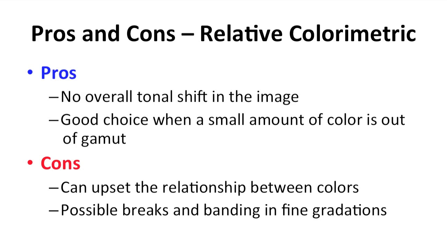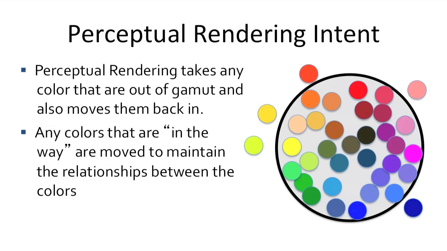And the net result of this is you can end up having some breaks or banding in fine gradations. And I particularly see this in skies. If you have some blues that are out of gamut and they get moved, you no longer have that smooth transition and you end up being able to see a visible line there.